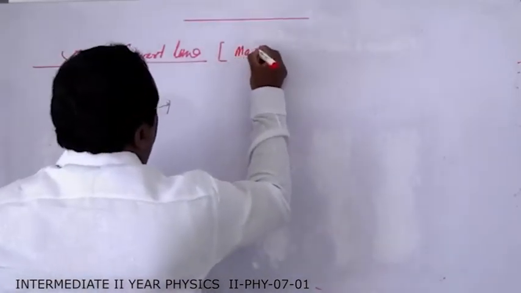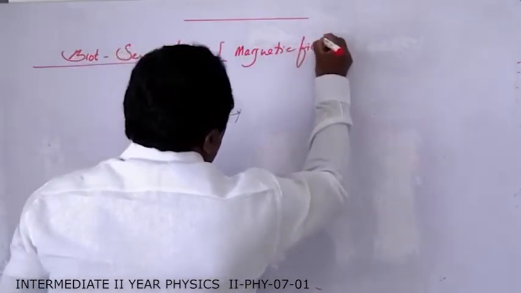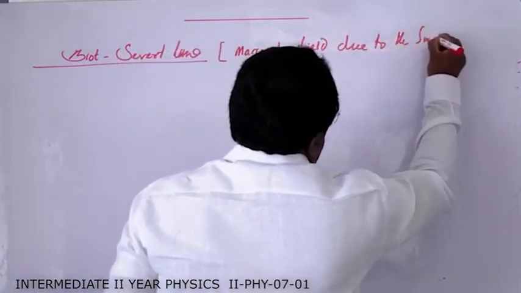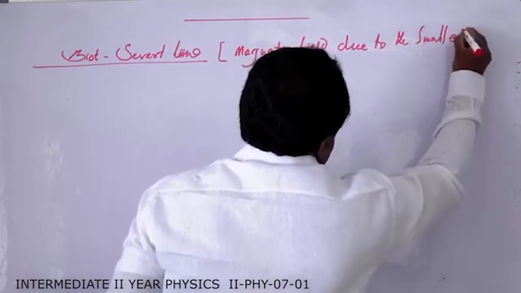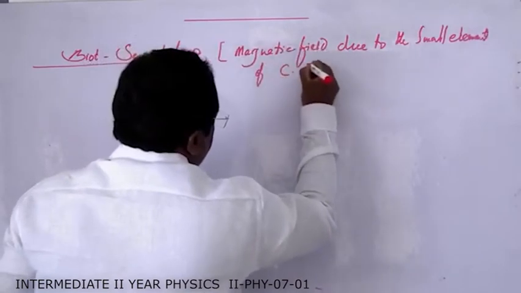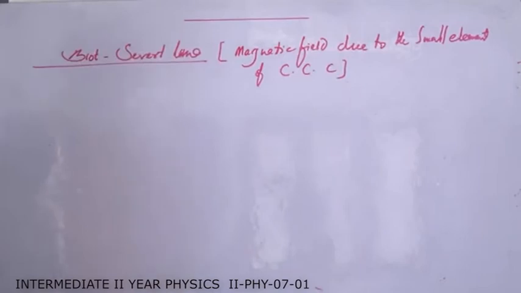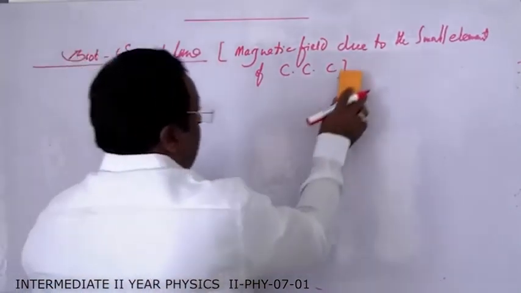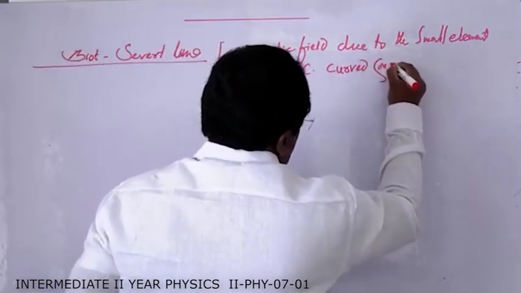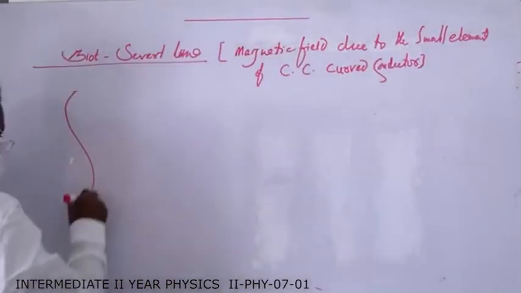So the Biot-Savart law gives the magnetic field due to a small element of a current carrying conductor. Now you take a current carrying curved conductor.